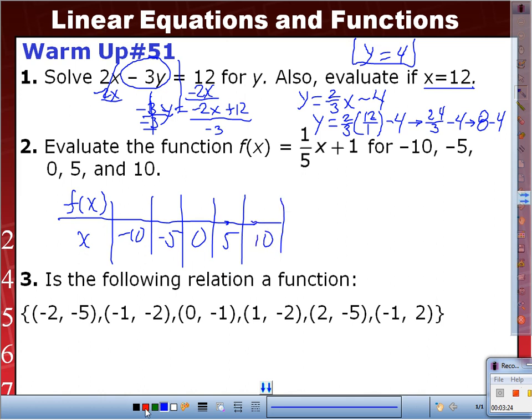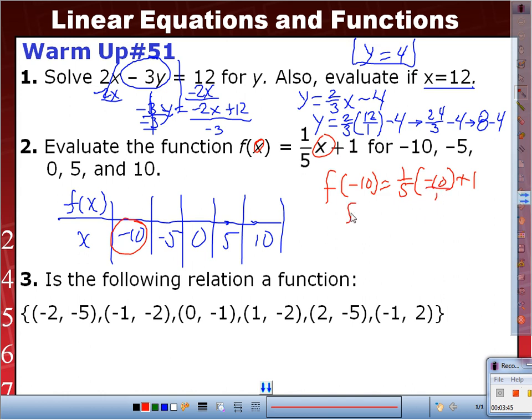Okay. So what is the first value that I substitute? Negative 10. I substitute in here. So this is f of negative 10 equals 1/5 times negative 10, because I substitute in here and in here, right? Plus 1. So how do I multiply this fraction times this whole number?